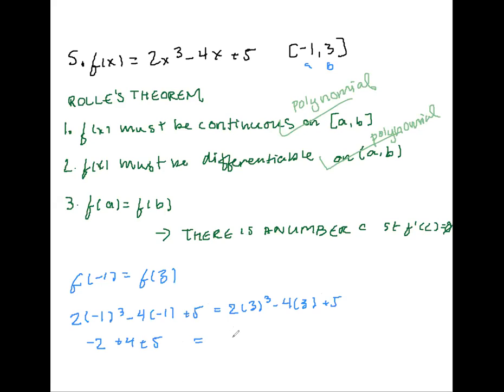Which is equal to 2, that is 27 minus 12 plus 5. That doesn't seem right. Oh yes, 27 times 2, which is going to be far too large, and I'm 99% certain that this is valid.